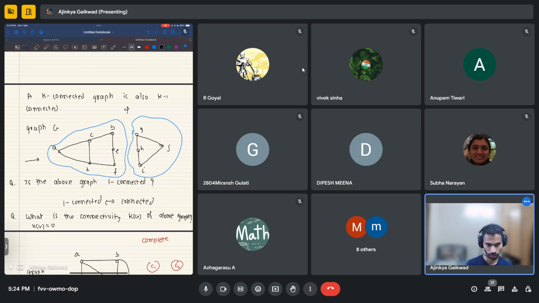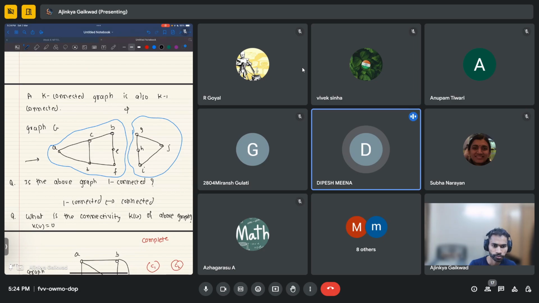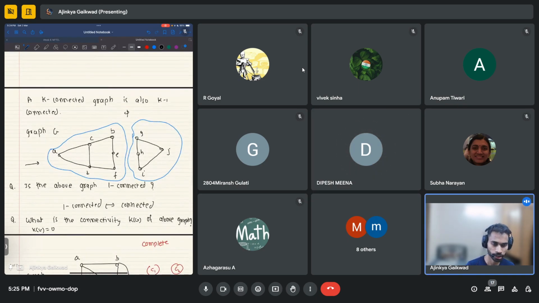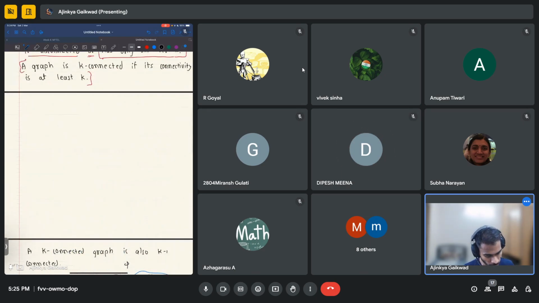Sir, in a plane, if 2 points are there, is this a graph or not? This is a graph. Yes. Even if I draw just A, B, C, D, this is a graph. A graph is basically a set of vertices and edges. Edges can be empty, even vertices can be empty, but that is called the empty graph, which is not of interest.